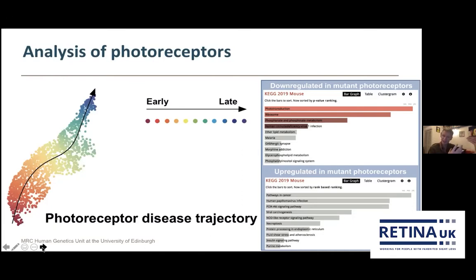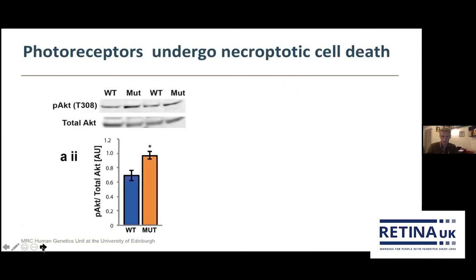And as I said, necroptosis is this cell death pathway that there are signs might be involved in cell death in RP, and it appears to be upregulated in our dying RPGR mutant cells. So what we've done so far is to go further and start to look at necroptosis and to try to understand whether this is happening in our photoreceptors.